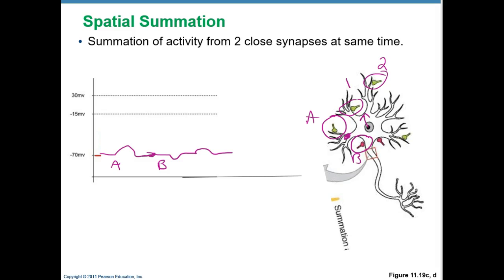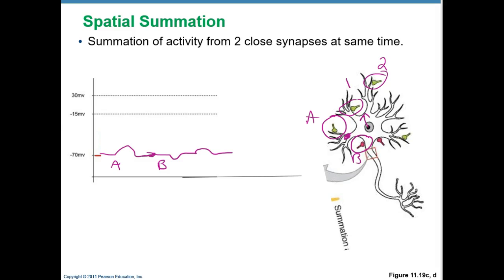So it's this larger EPSP minus that IPSP. And you get just a smaller EPSP. So with spatial summation, excitatory synapses or EPSPs can be counteracted by IPSPs.